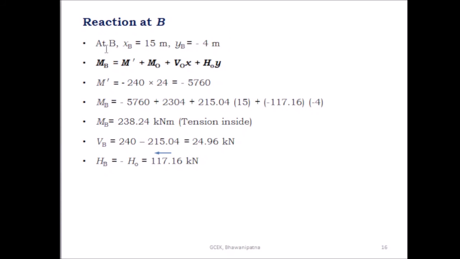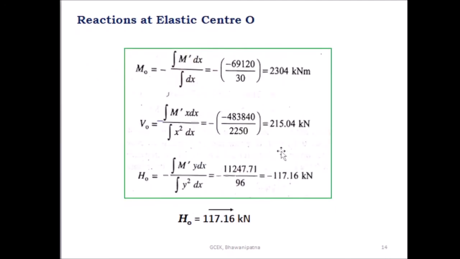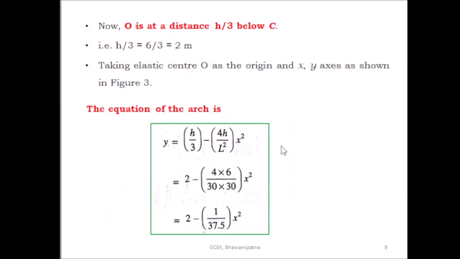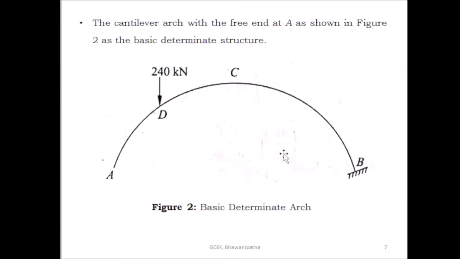Then after putting this coordinate and the moment MO, VO and HO and M dash, you can find out the moment at support B. M dash is the moment due to the external loading.